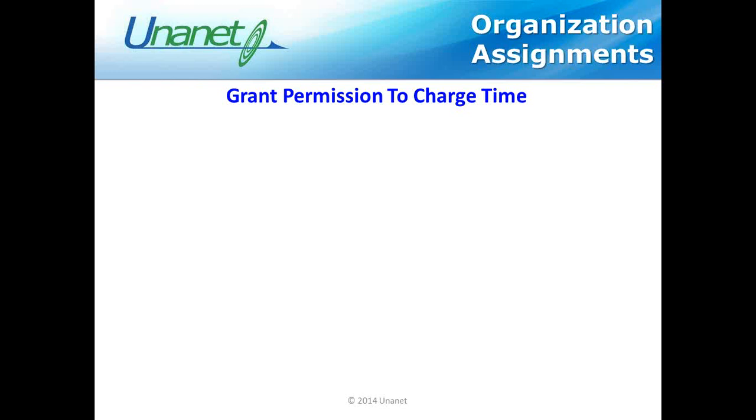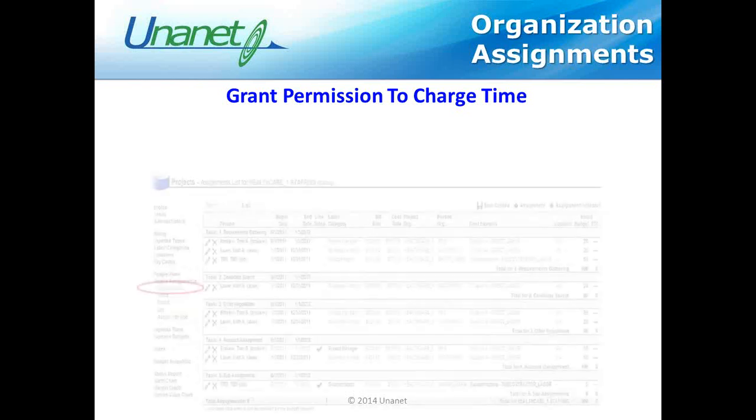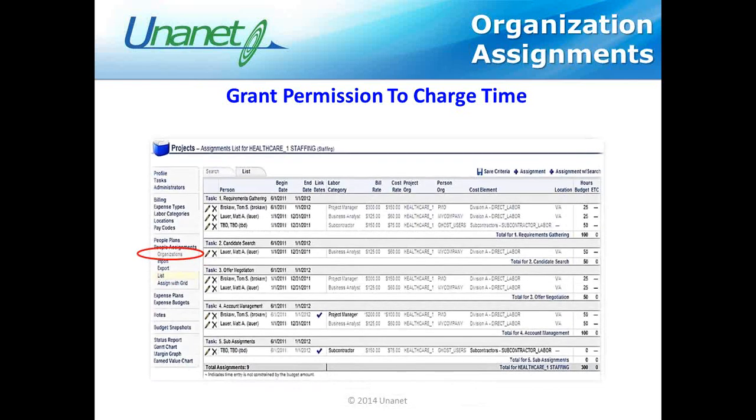Okay, so now let's take a look just a little bit further at the project organization assignments. I wanted to make sure that you understood this idea as well, because this is where an administrator would grant permission to a person organization for that project in order for them to charge time to that project.